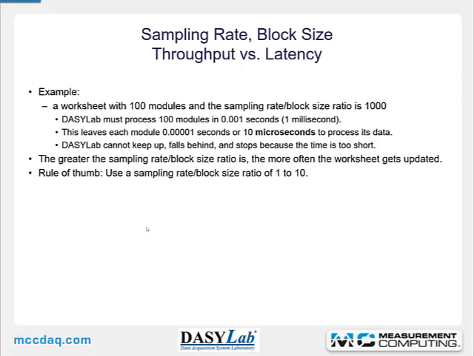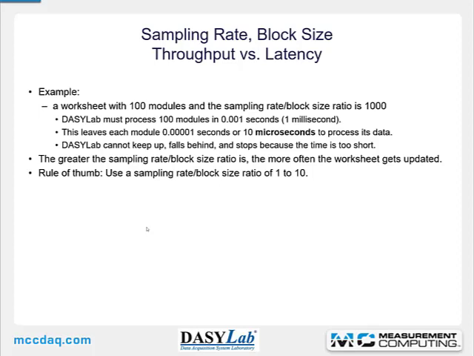That leaves each module 10 microseconds to process its data. Now generally, these computers are pretty good these days. At some point, depending on the complexity of the worksheet and the functions, DASYLab may not be able to keep up, falls behind, and stops because it doesn't have enough time to do things. It will end up with some sort of data overrun or data block kind of error message.